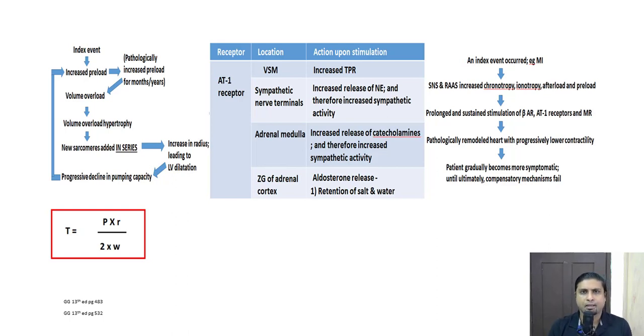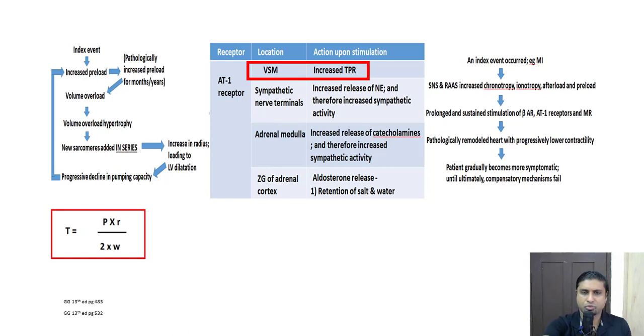Now, an ACE inhibitor would reduce the amount of angiotensin 2 available to bind to AT1 receptors in the vascular smooth muscle. This would lead to vasodilatation. Vasodilatation would cause a fall in the total peripheral resistance, a fall in preload and afterload.